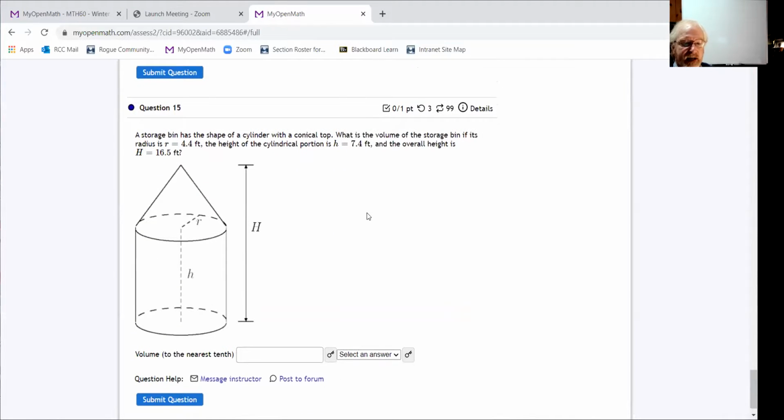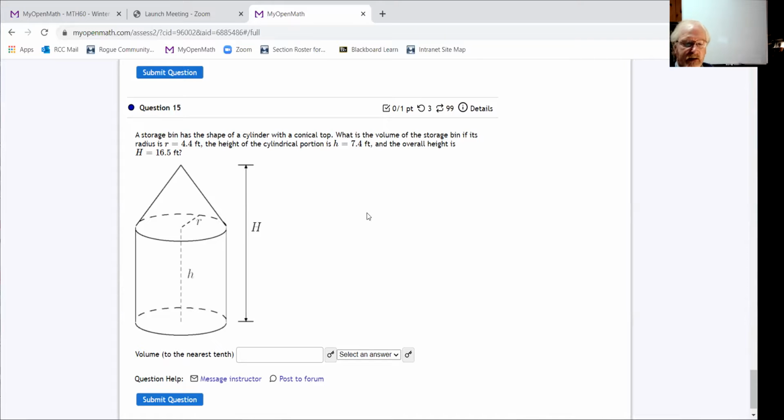Here's one of those combinations. There's a cone shape on top of a cylinder, and you're supposed to find the volume. I know it seems like it's getting more and more complicated, but push yourself. If you can figure out the shape and how to put the pieces together, you plug the numbers in the formula.